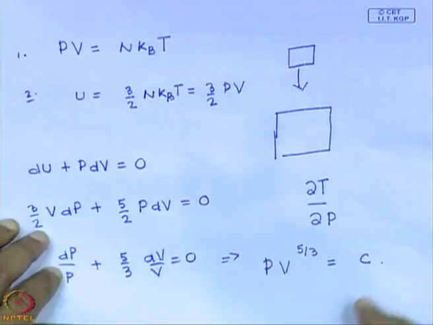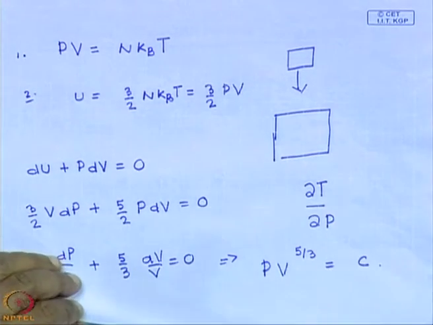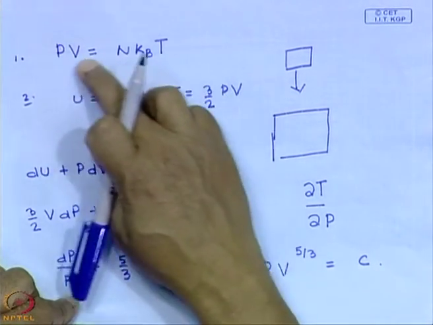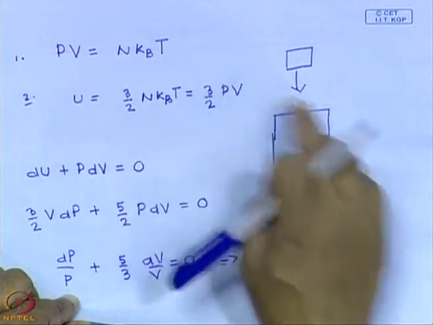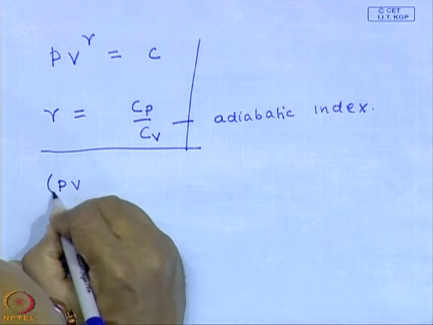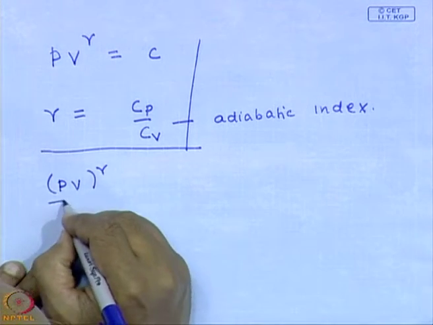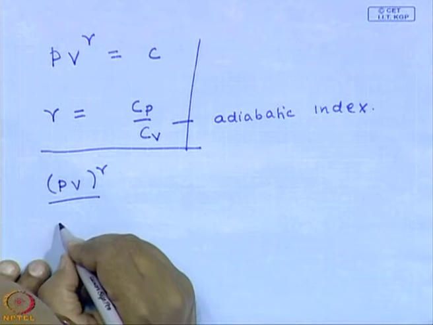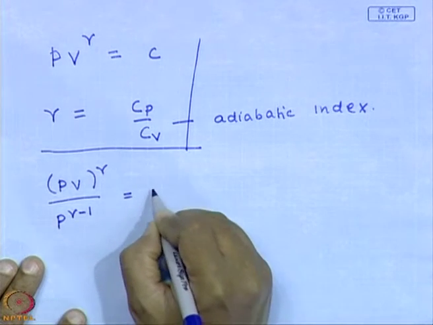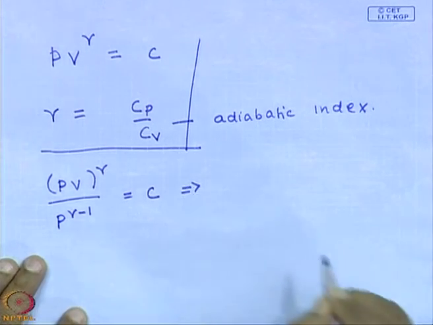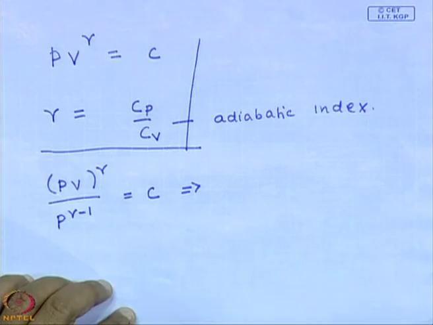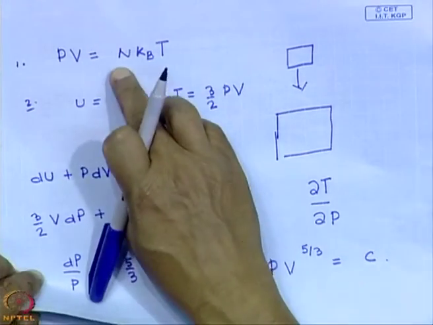Now, we would like to evaluate del T del P, and we have to use this. So, we know that P v is equal to N k_B T. So, I can write this as P v to the power gamma divided by P to the power gamma minus 1 is equal to C, which essentially tells us I can replace this by N k T, and these factors of N and k are constant.